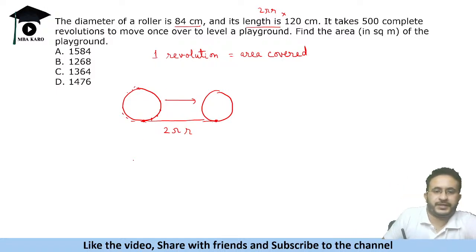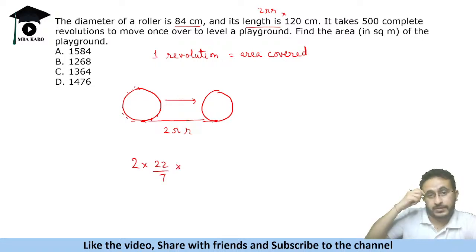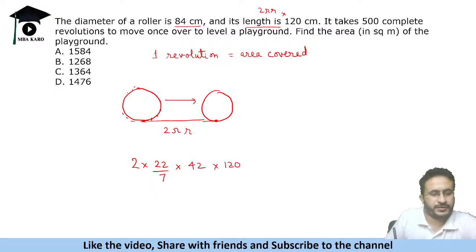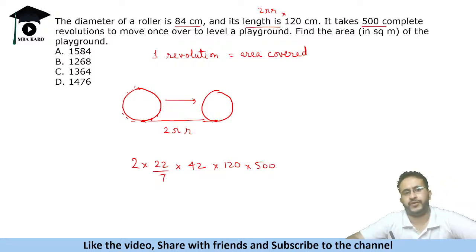So 2 pi r is 2 pi times r, where r is 42, since diameter is 84. Length is 120, so into 120, and it takes 500 complete revolutions, so into 500.